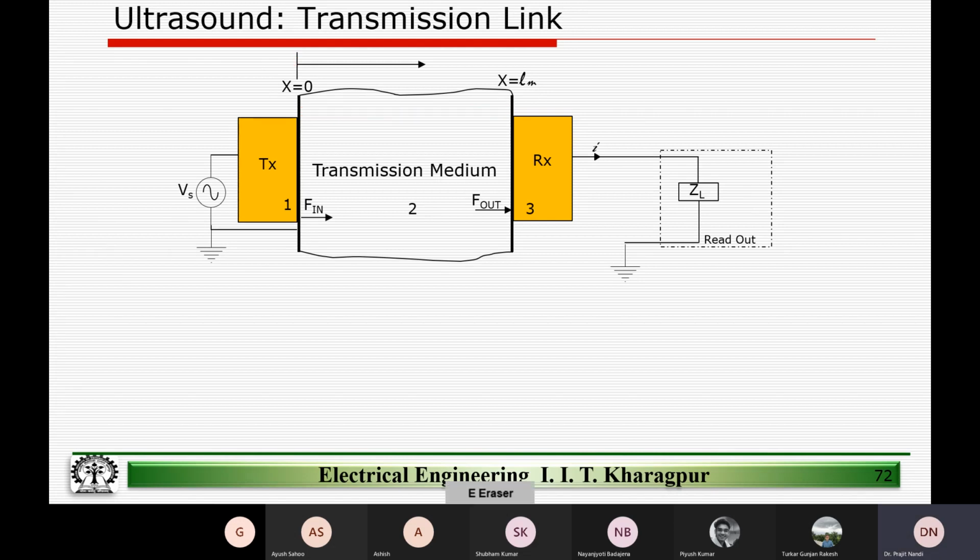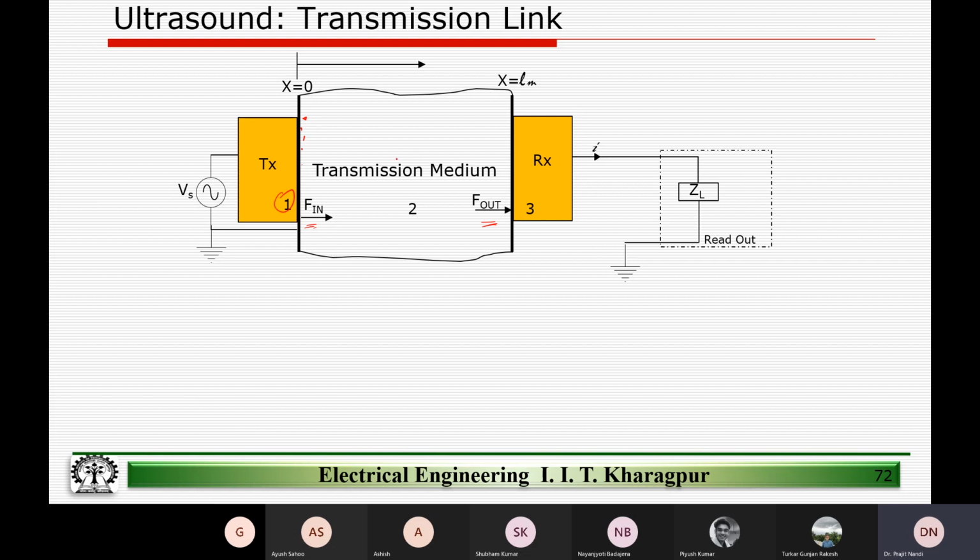So we have three components, right? We have the transmitter, the first component, which is actually injecting a sound wave because it is vibrating the particles in the medium here. This is the force that the crystal is applying to the particles in the medium, and the waves will propagate.